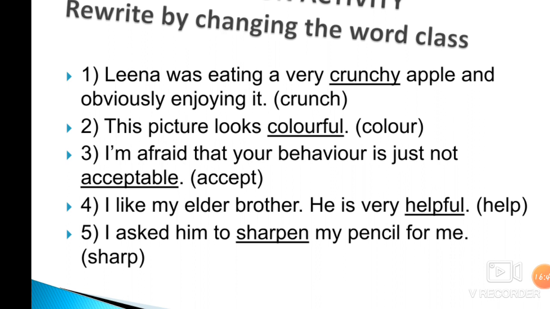Help is the verb form and helpful is the adjective. Number 5. I asked him to sharpen my pencil for me. Sharp is an adjective. We are using sharpen as a verb form.